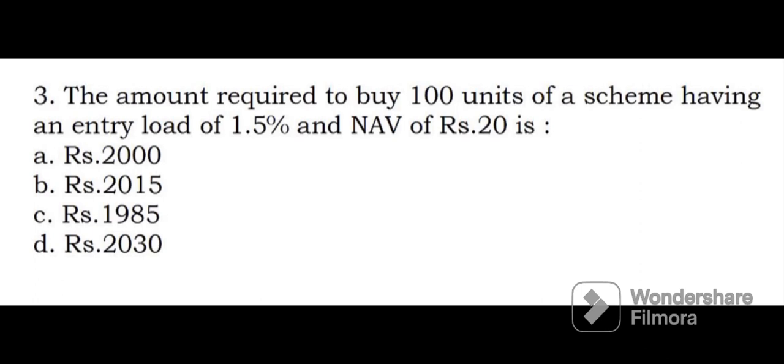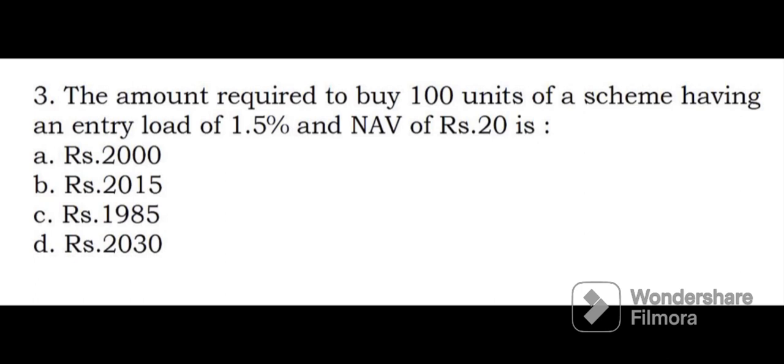Entry load is the amount of charge that an investor has to pay initially. Yes, this is an upfront cost. 100 units of NAV 20 means the total invested amount is 2000 rupees. So the entry load is 1.5% of this investment amount, that is 2000 rupees. 1.5% of 2000 is 30 rupees.